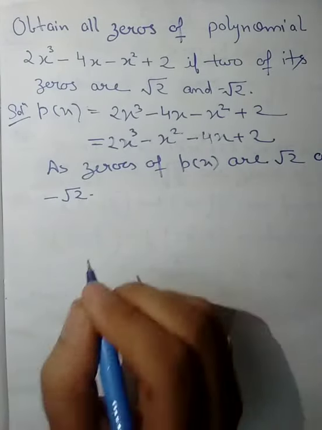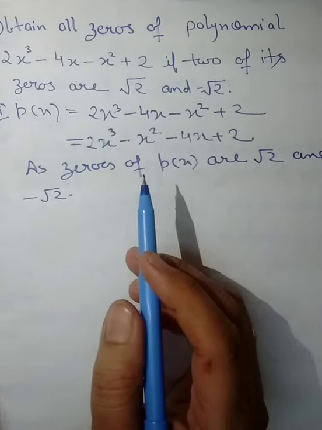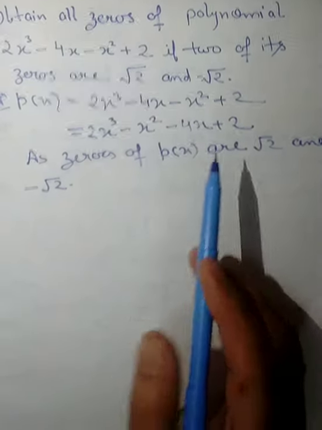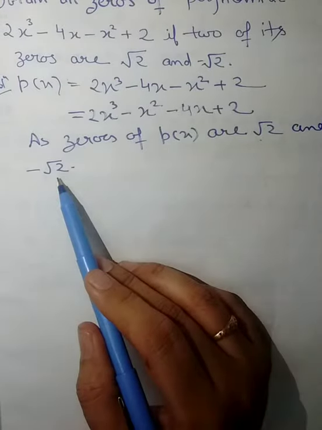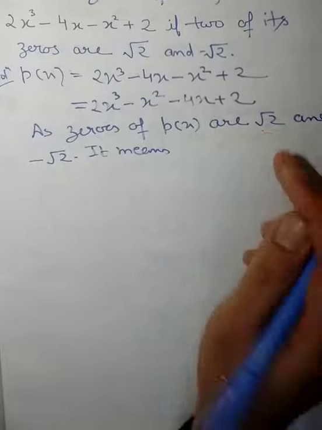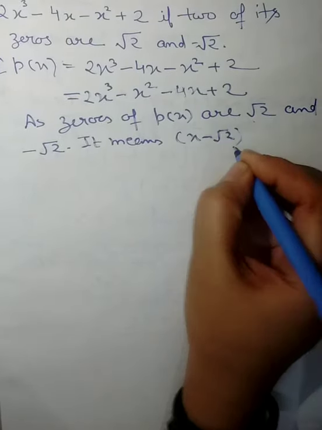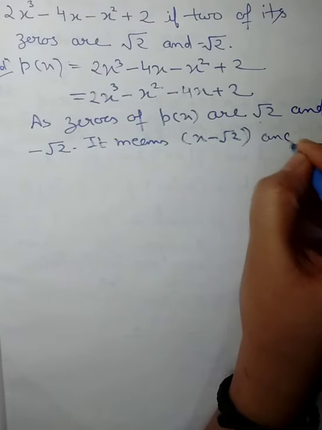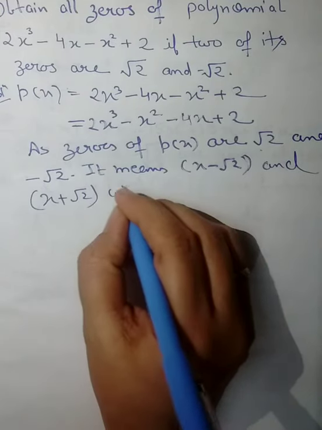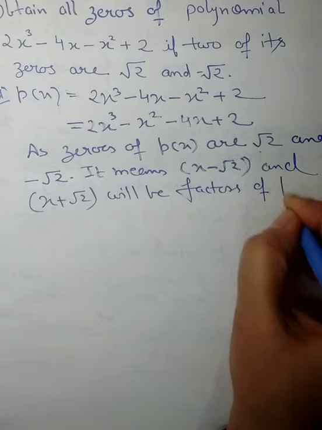As in the previous discussion, we have taken zeros alpha and beta, then x minus alpha, x minus beta were their factors. Here if zeros are root 2 and minus root 2, then x minus root 2 and x plus root 2 will be factors of p(x).